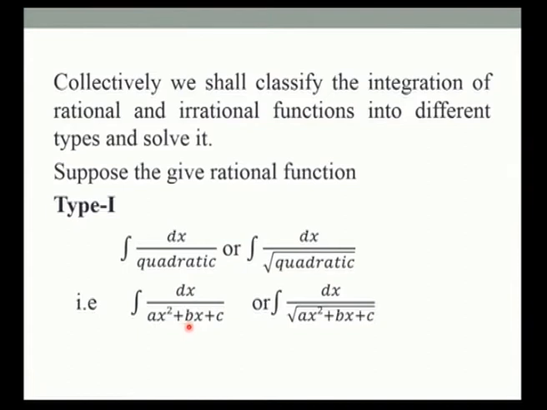If that quadratic equation exists in the denominator of a rational function, or square root of that quadratic function exists in the denominator of the rational function, how can it be integrated? That comes under the type 1 integration of rational function.